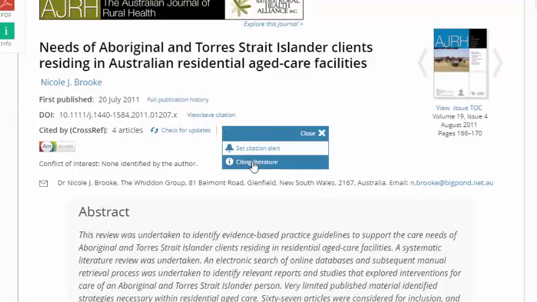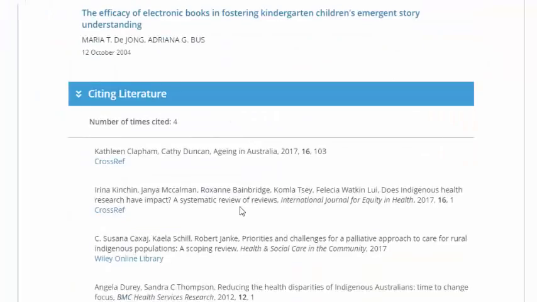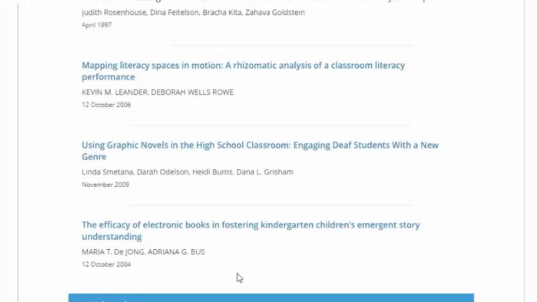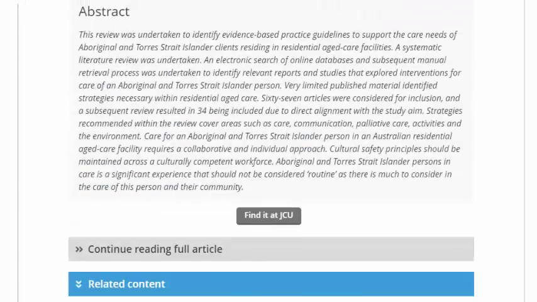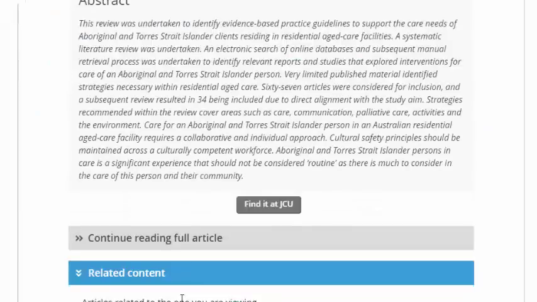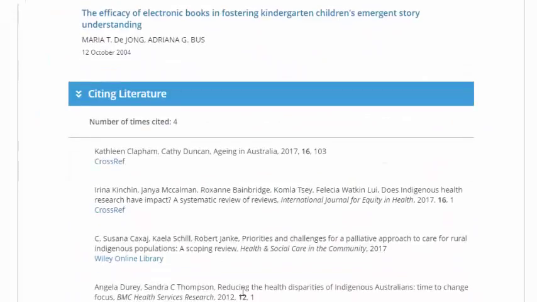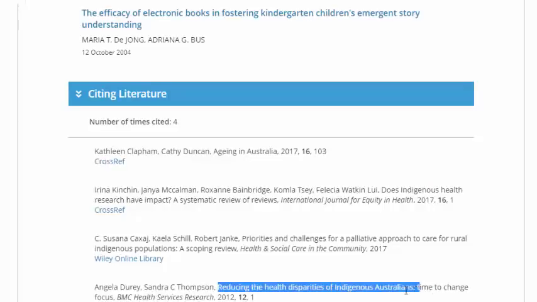Citing literature. This tells me who, so it's needs of Aboriginal and Torres Strait Islanders in the aged care facility. So I look at tools, and I know I'm familiar with reducing health disparities. I know it's only a year newer, but I think this is an interesting lesson that we can find out who quoted this article. So presumably that's come later, and I'm going to search for this in one sector.